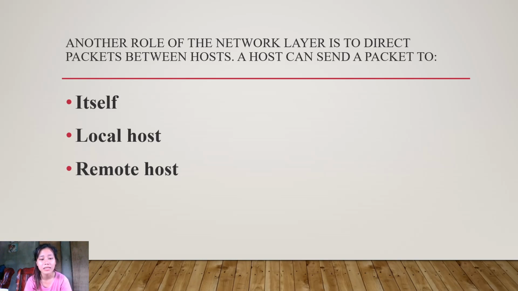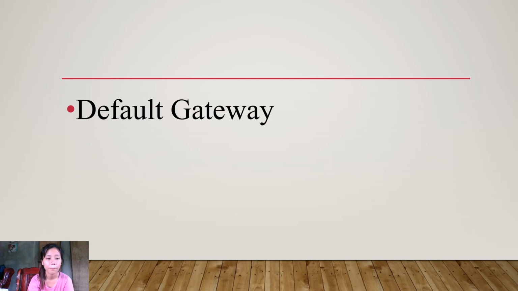Pinging the loopback interface tests the TCP/IP protocol stack on the host. A local host is a host on the same local network as the sending host, and the hosts share the same network address. A remote host is a host on a remote network, so the hosts do not share the same network address.